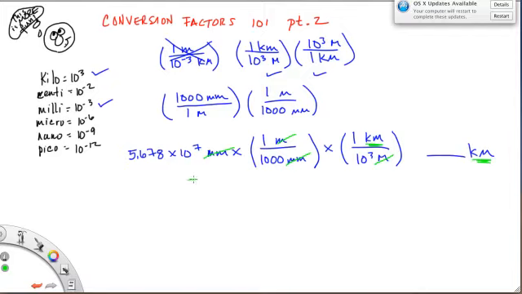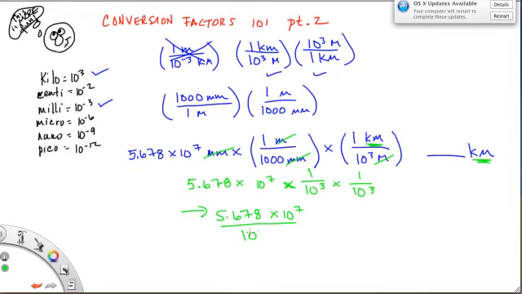Okay, so my problem becomes 5.678 times 10 to the 7th, times 1 over 1,000, which is really 1 over 10 to the 3rd, times 1 over 10 to the third again. When we simplify, it's 5.678 times 10 to the 7th divided by 10 to the 6th.